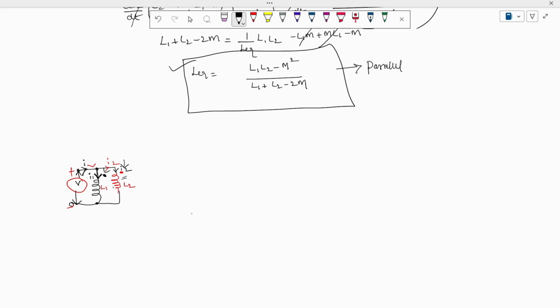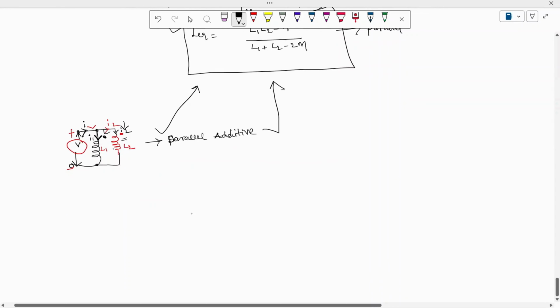I1 current is entering the dot, I2 current is also entering, then this is the formula. So similarly I can call this circuit parallel additive. Then this is the resultant, and you may get the same formula.